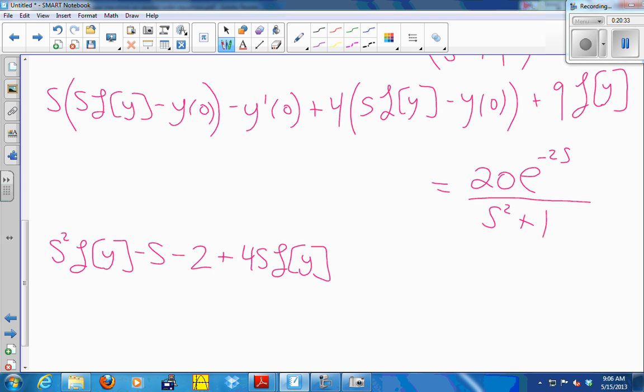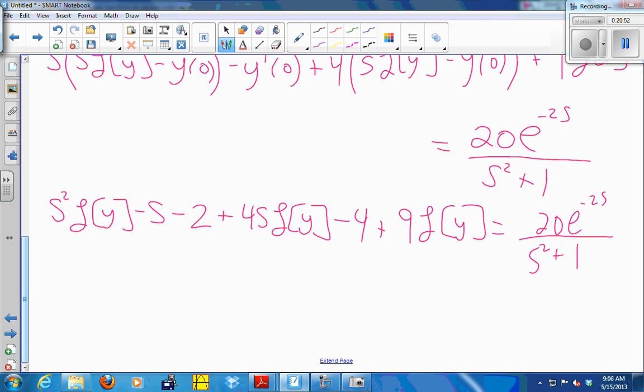Y of 0 is 1, so I've got a minus 4 here, plus 9 times the Laplace of y equals 20e to the negative 2s over s squared plus 1.